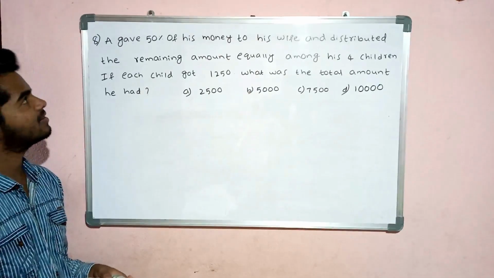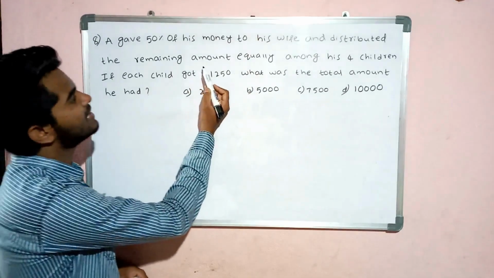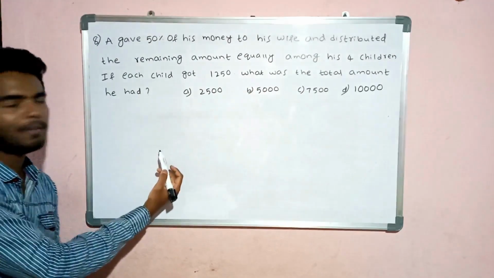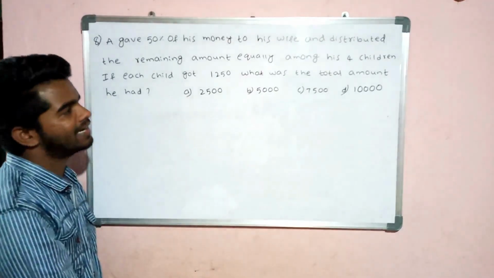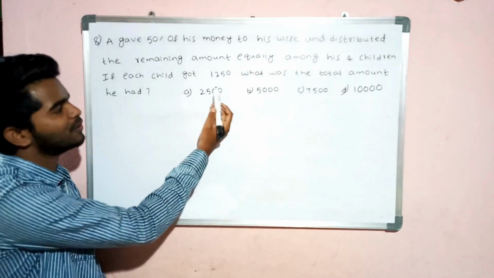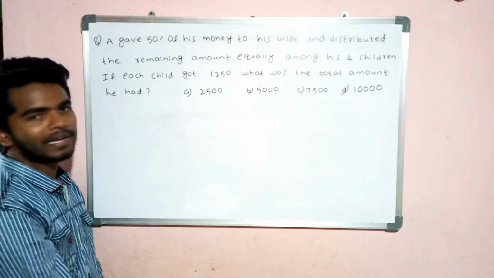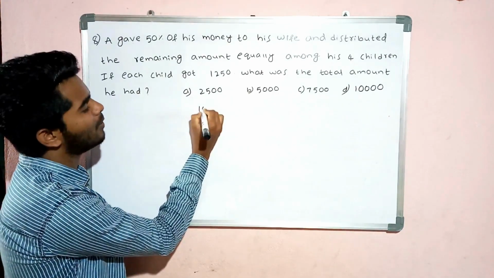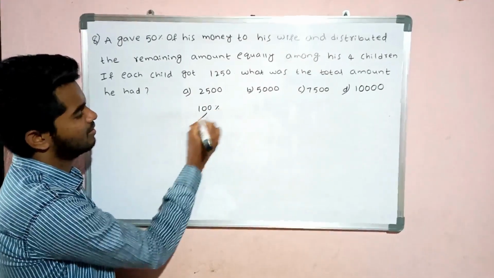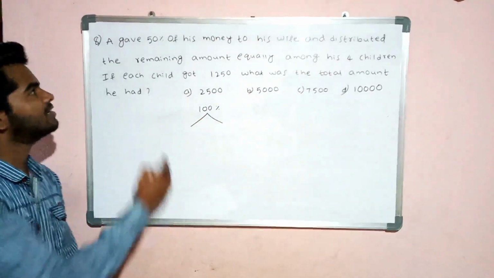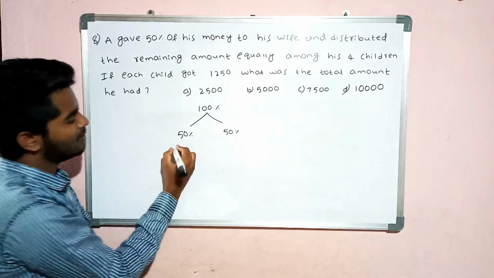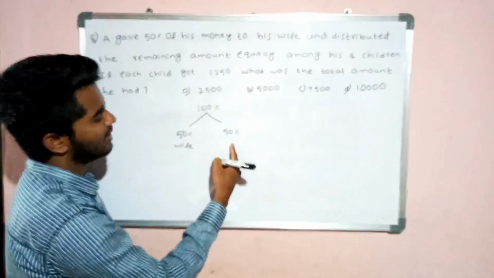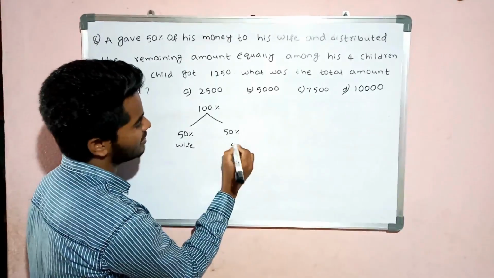Question number 8. A gave 50% of his money to his wife and distributed the remaining amount equally among his 4 children. If each child got 1250, what was the total amount he had? His total amount is 100%. In this 100%, 50% A gave to his wife and the remaining 50% A gave to his 4 children.